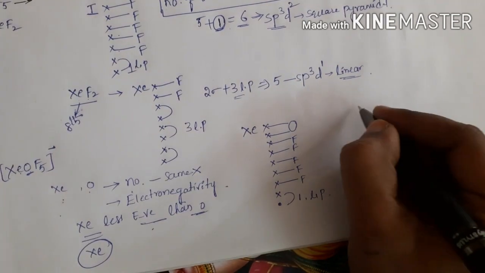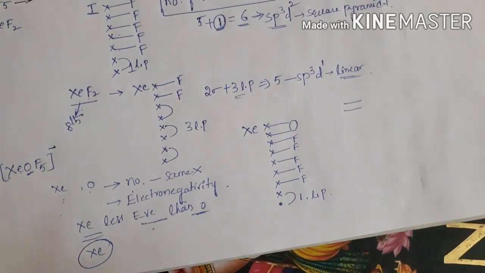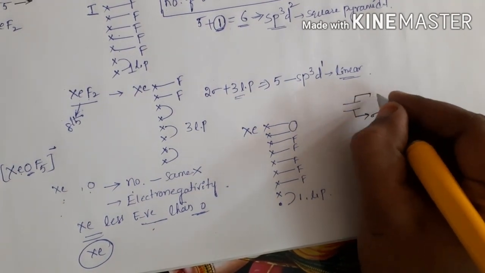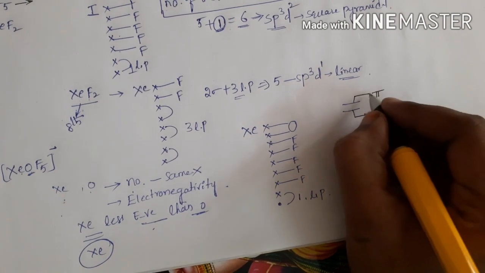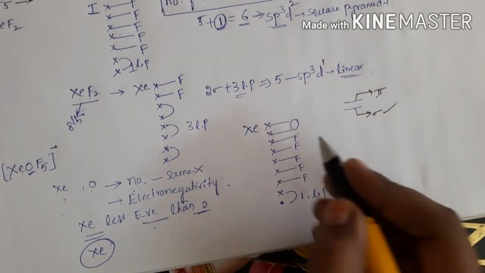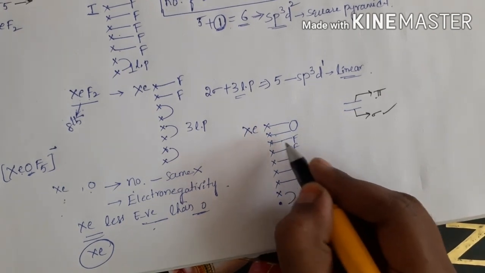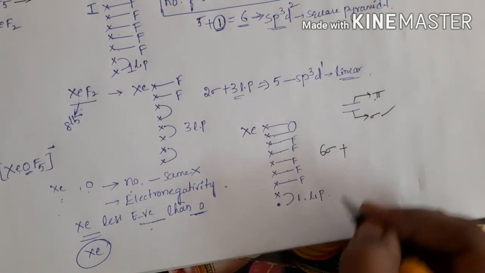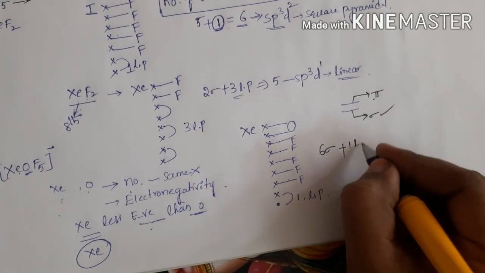Next, count the total sigma bonds and lone pairs of electrons. If a double bond is there, how many sigma bonds are present in a double bond? Only one sigma bond and one pi bond. We need not count the pi bond. We require the sigma bond, so count the sigma bonds. That is 1, 2, 3, 4, 5, 6. 6 sigma bonds plus 1 lone pair.